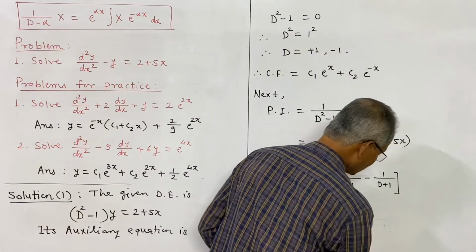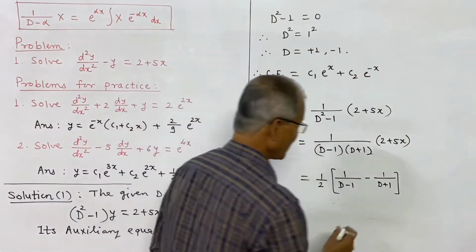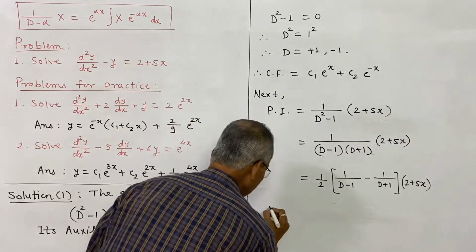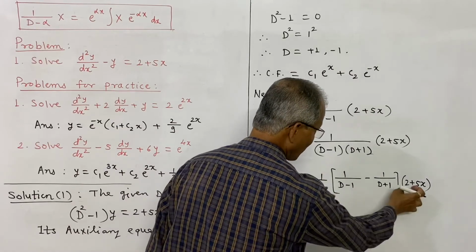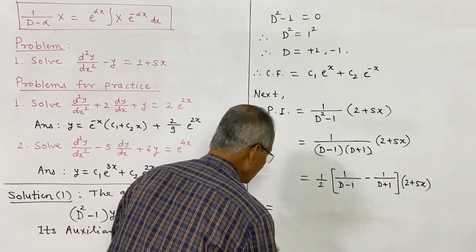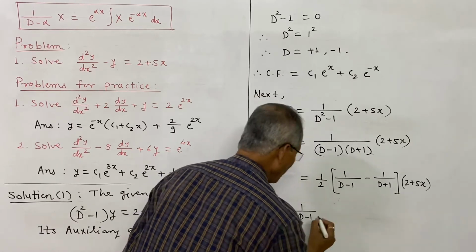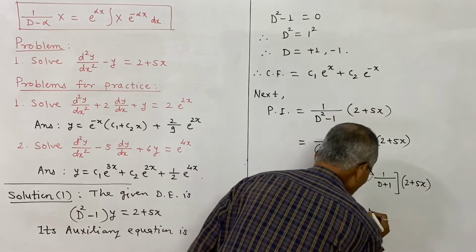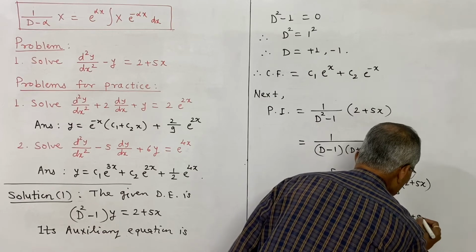And we have expressed this operator 1 upon d square minus 1 into linear factors, and this is operated on 2 plus 5x. Now that is equal to, we should operate this separately: 1/2, I shall write the constant, 1 upon d minus 1 operated on 2 plus 5x, minus 1 by 2, 1 upon d plus 1 operated on 2 plus 5x.